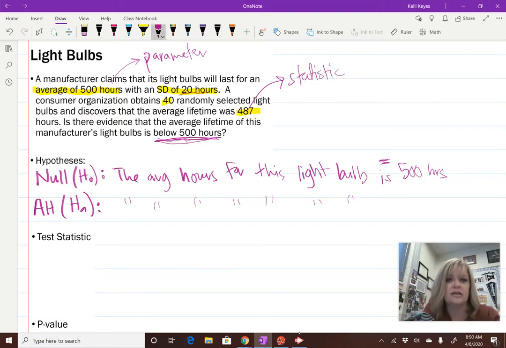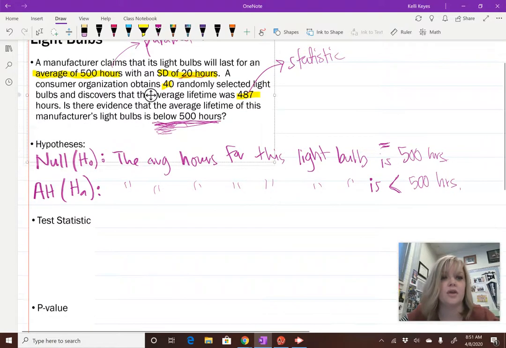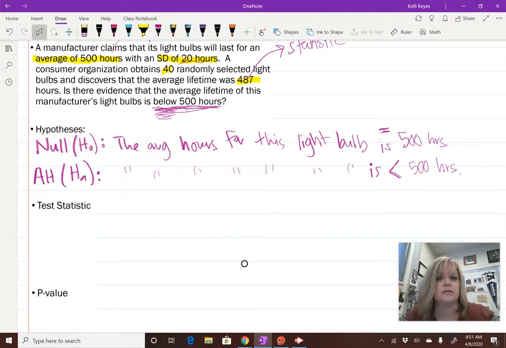Well, the question says below. So there's your key word right there. Your alternative is going to be less than 500 hours. So there's the null and alternative, which is step 1 that you have in your notes, or at least I hope so.